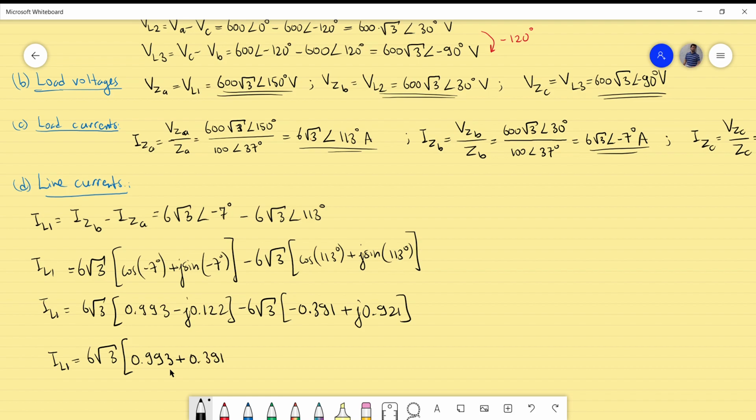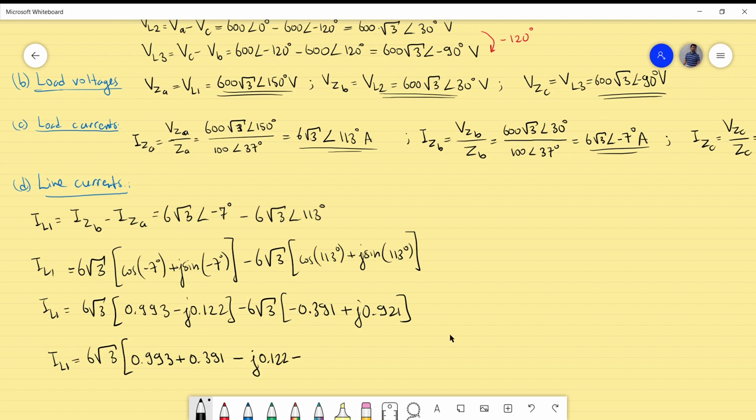That's actually for the real part. For the imaginary part I have the j, with the minus sign here, because all of them are minus. You see that there's a minus sign for this one and a minus sign for that one, so we have minus 0.122, and then minus the 0.921.